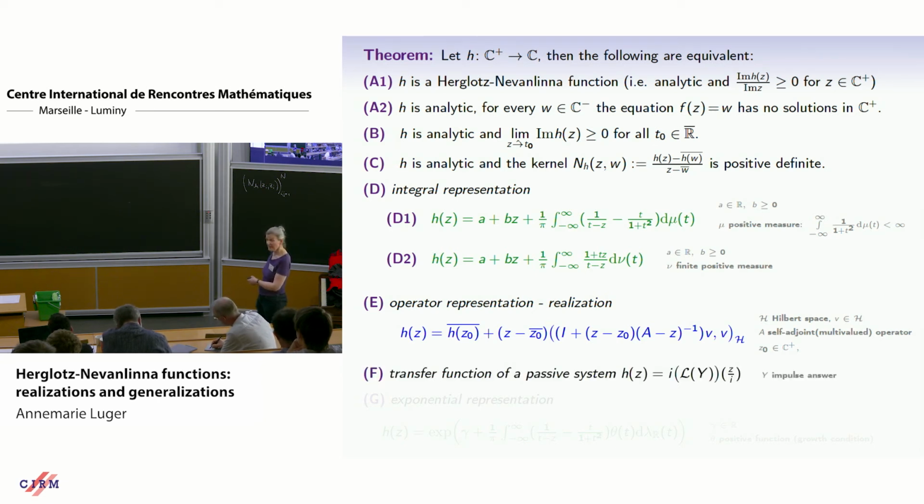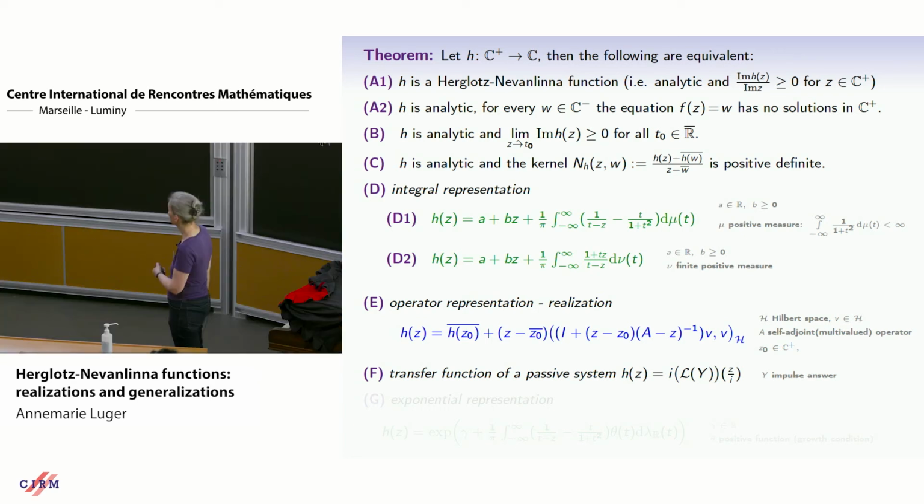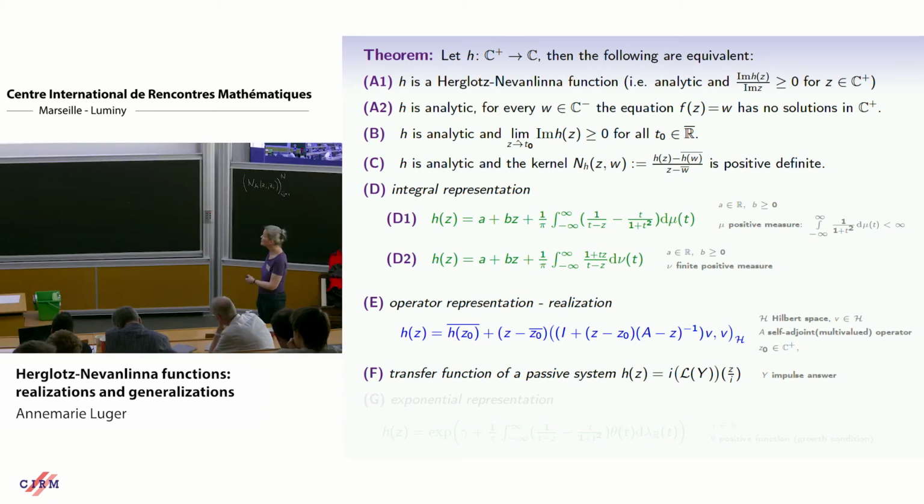Then what I will not speak so much about, but which many of you know much better than me: Herglotz-Nevanlinna functions are exactly the transfer functions of passive systems. So there is a convolution operator with a distribution y, and then the Laplace transform of this impulse response evaluated at zeta divided by i, multiplied by i, will be a Herglotz-Nevanlinna function.